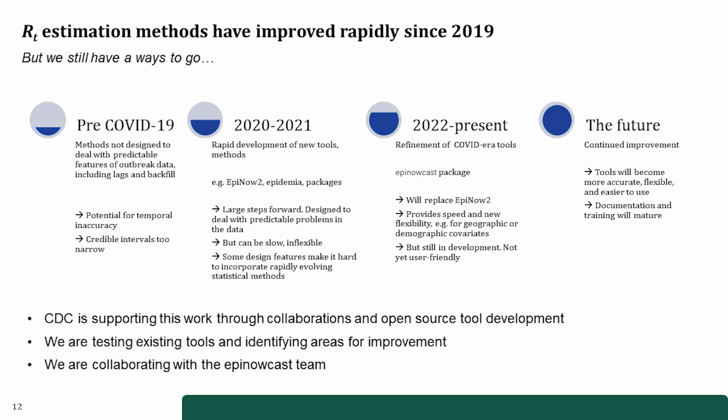So this is an example of a package that we would want to use to do this analysis well, and CDC is actively supporting the development of this kind of work, including through maintaining a large team of modeling analysts at CFA that are building these kinds of tools, as well as supporting community development of existing tools that were built during the pandemic to do this kind of work well.